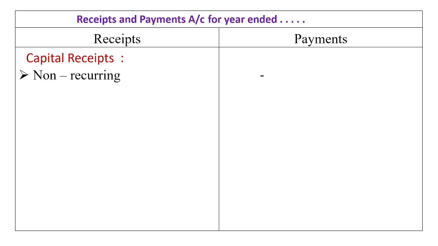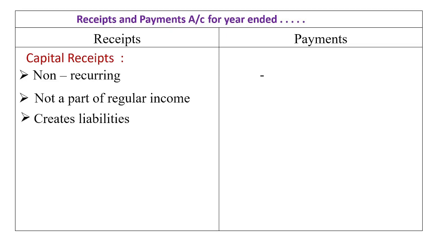Thereafter, they are not part of regular income. Means these receipts don't become a part of the income of our organization. And one more important thing about capital receipts is that these receipts create a liability on our organization. Hence, keep in mind these three features of capital receipts.